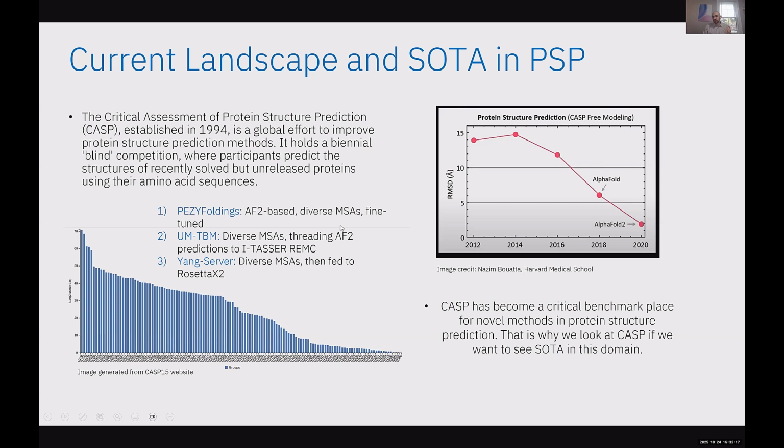But the general message that I want you to take is, if you want to understand what the best performing tool is, and what targets and what kind of structures are challenging for these, you look at CASP. This is one of the standards in the field. Again, I'm not from the field, but by reading into the literature, these are the things that I've been seeing.